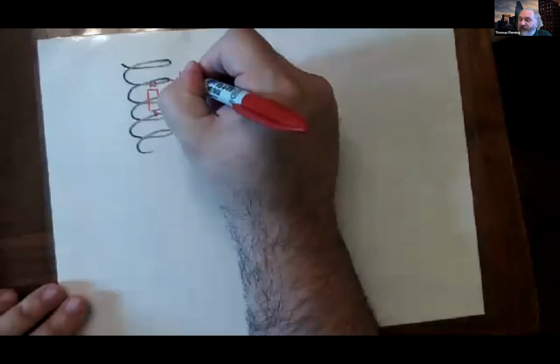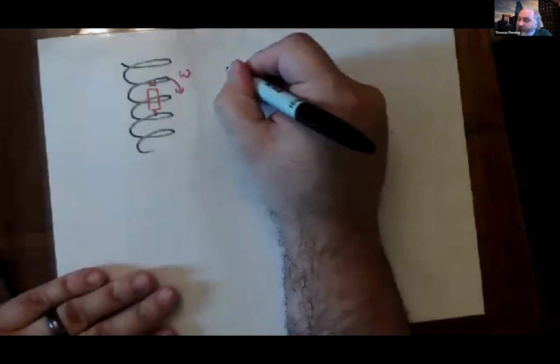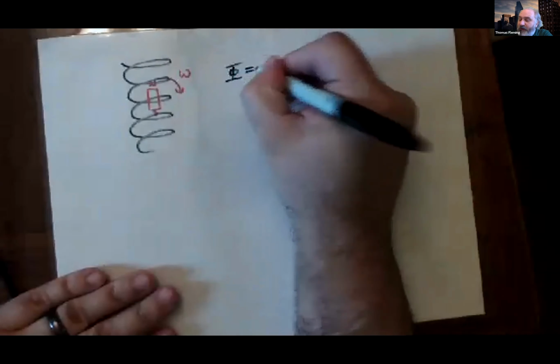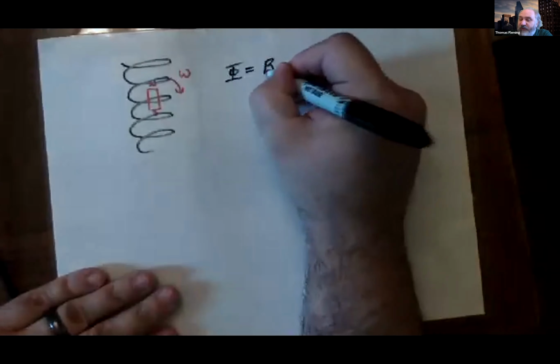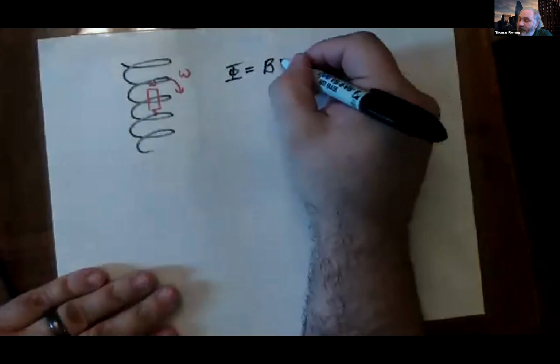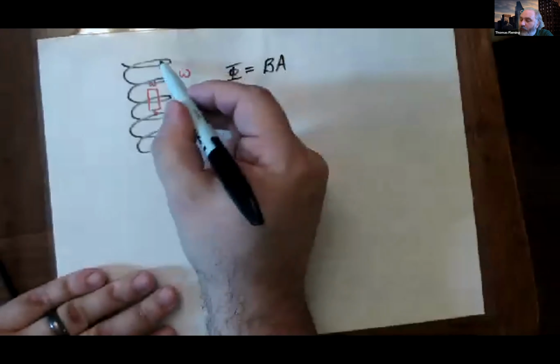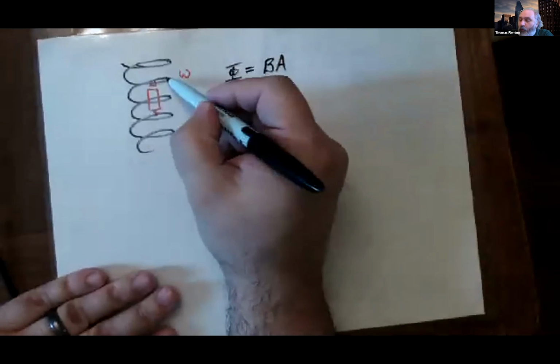What's going to happen is my magnet is rotating with some angular velocity, omega, where omega is measured in radians per second. We learned about angular velocity last semester, so hopefully you still remember. And what's going to happen is the flux generated by this would be whatever the strength of my magnet is, B, times the area of my coil, but I'd probably have to multiply that by how many coils I've got.